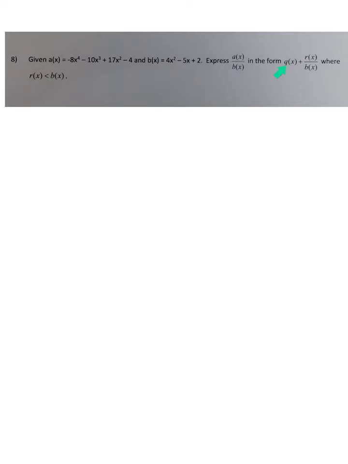So remember, this is the quotient, your answer, plus whatever your remainder is, over whatever you divide it by. Okay? All right, so why don't you take a minute and work this out. We're going to divide this by that. Okay, so pause me, work it out, put the video back on, and we will check our answers.